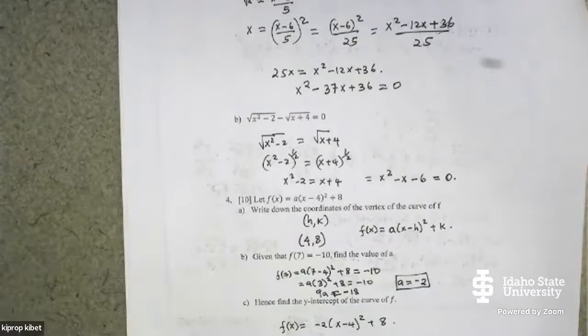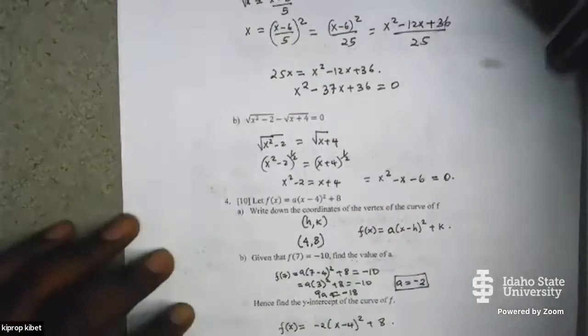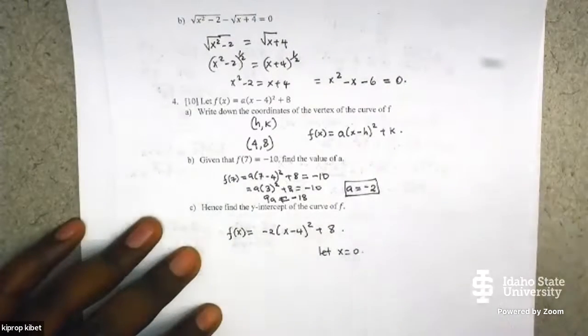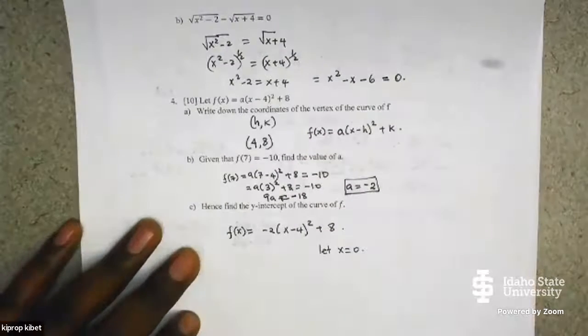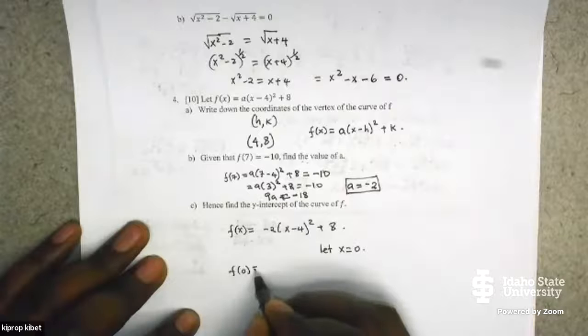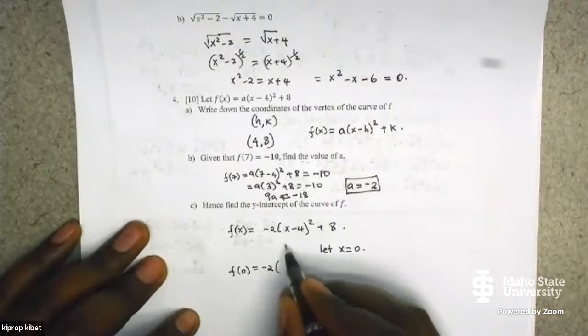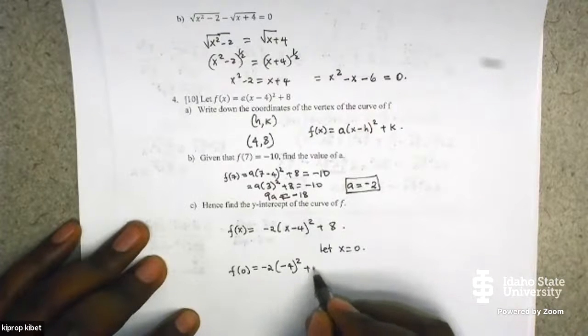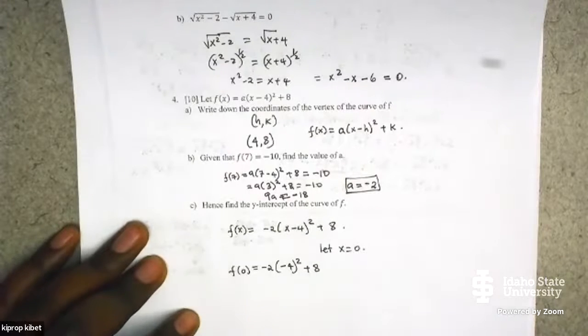Okay? So you already have the a there. So to find the y-intercept, what do you do? Let x be equals to 0. So f of 0 here equals to minus 2 times (0 minus 4), which is minus 4, then you square, plus 8.